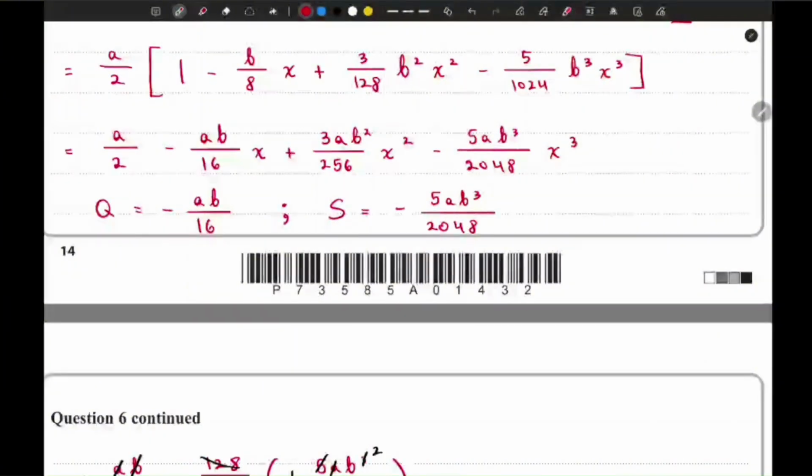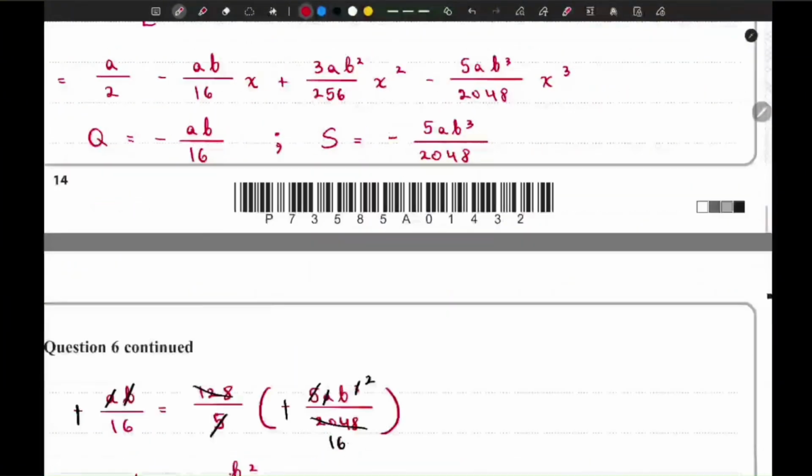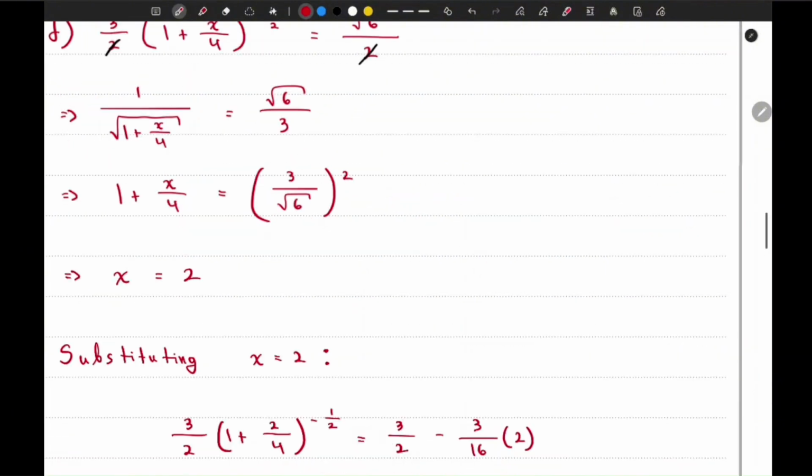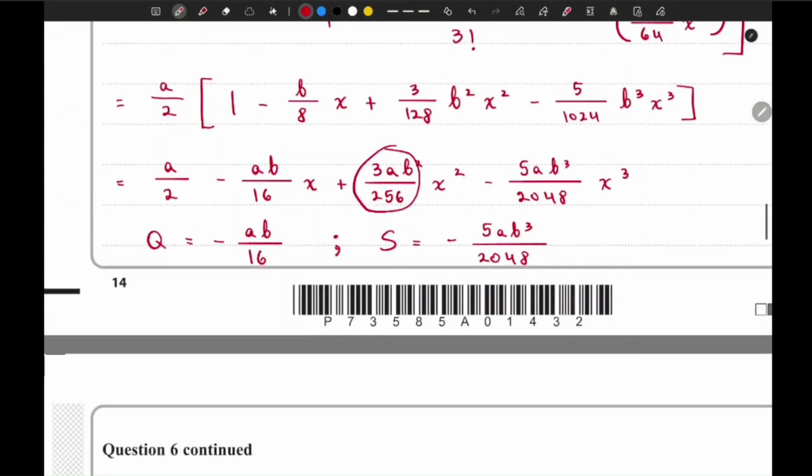So minus ab divided by 16 times x. So minus 3 divided by 16 times x and plus 3ab squared divided by 256 times x squared.